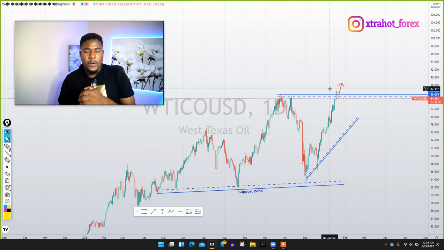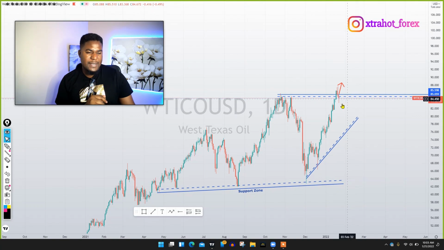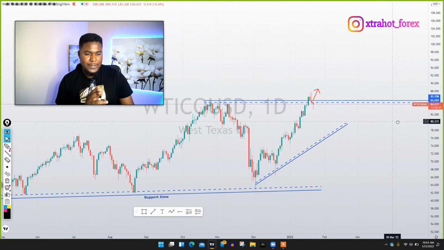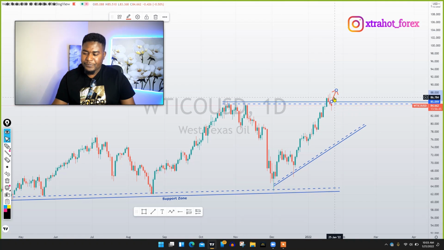So now we are on US oil. It was going up very nicely, but it seems like it's trying to reject. Let me remove this resistance here.